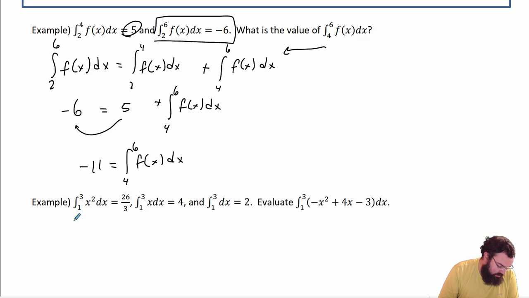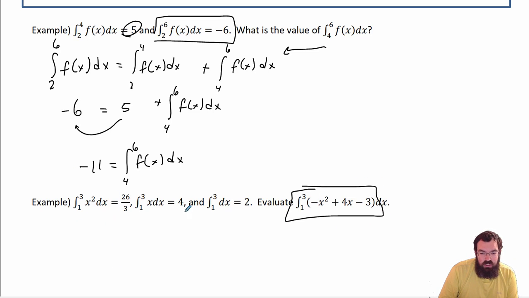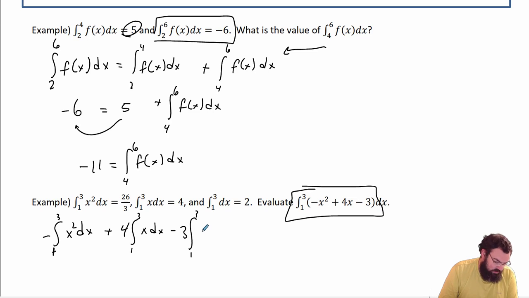So technically, this is the same as negative the integral from 1 to 3 of x squared dx plus 4 times the integral from 1 to 3 of x dx minus 3 times the integral from 1 to 3 of just dx.